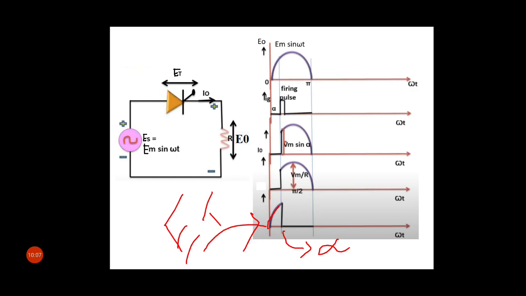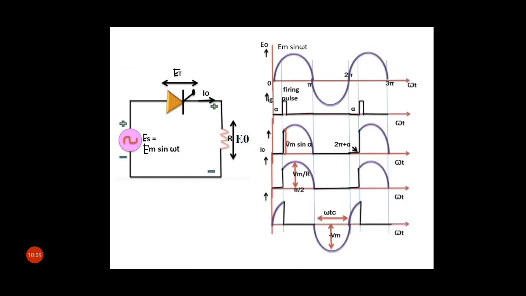Now see, when the negative half cycle goes on, during the negative half cycle of the supply voltage, the cathode terminal becomes more positive with respect to the anode terminal.